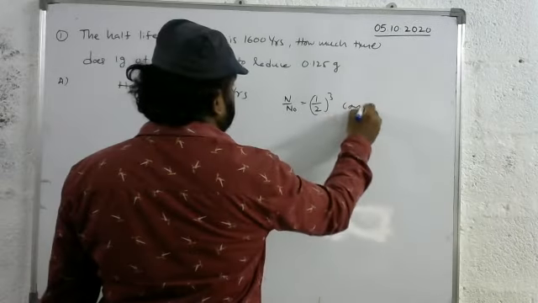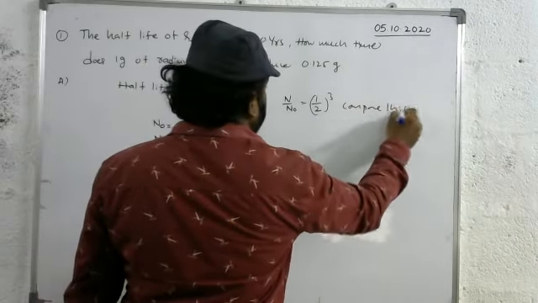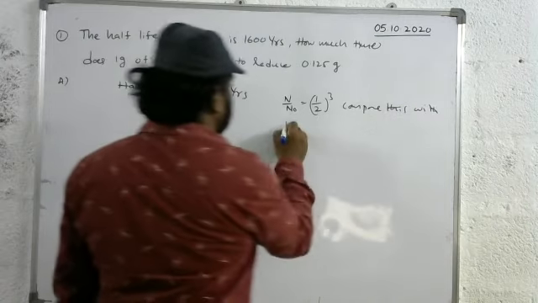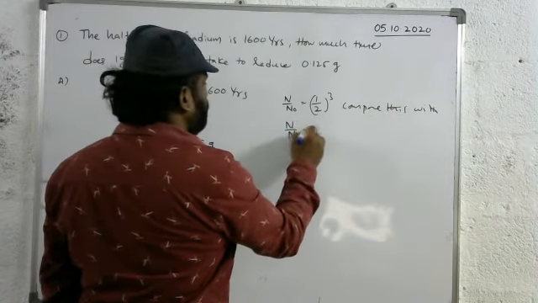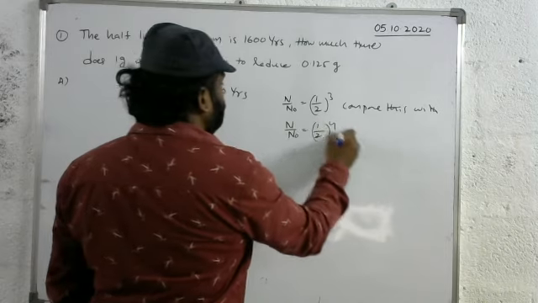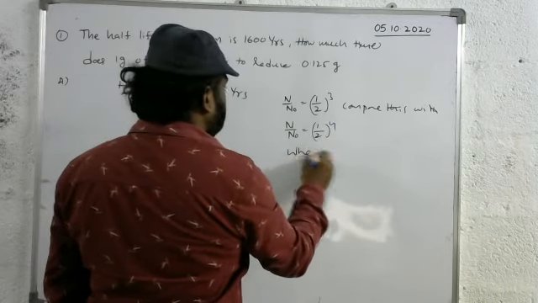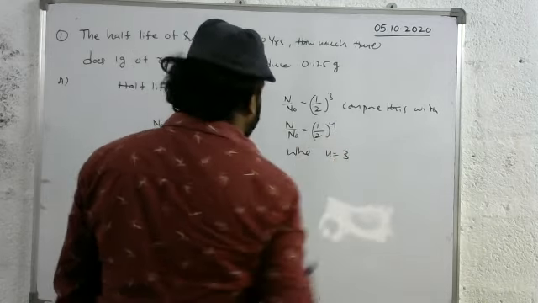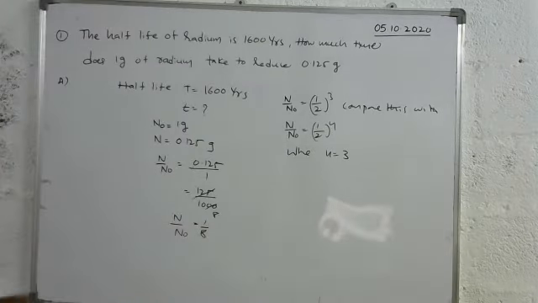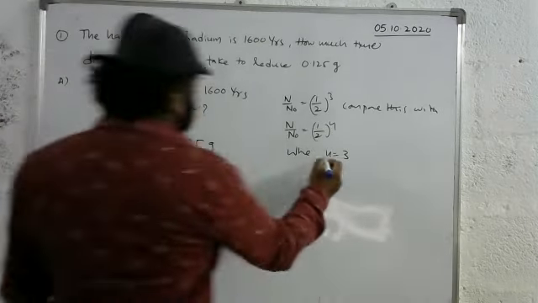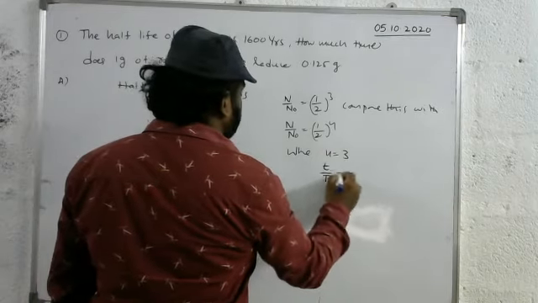Compare this with N is equal to N naught into 1 by 2 whole to the power of n, where n equals 3. But n is small t by capital T, equal to 3.